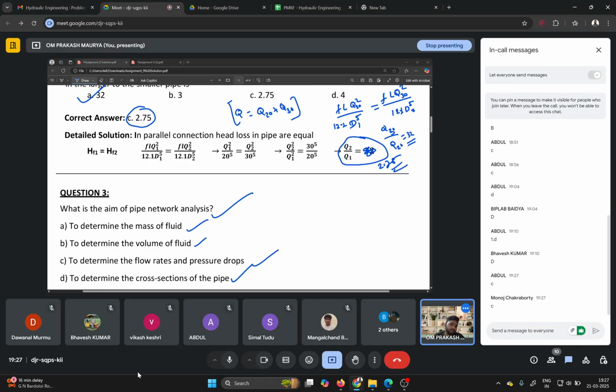Okay, Manoj is telling C, Abdul also telling C. Other students please, for question number 3, also try to contribute.